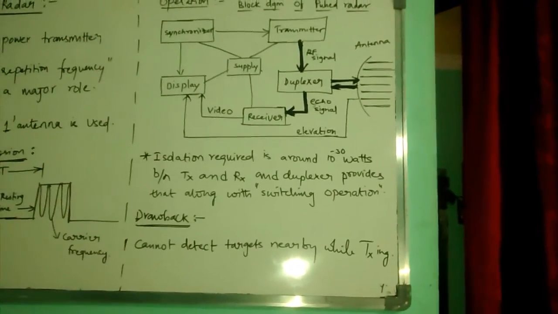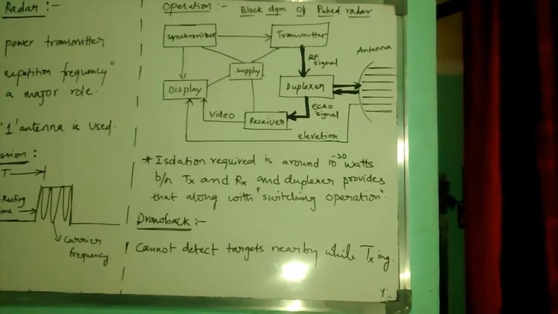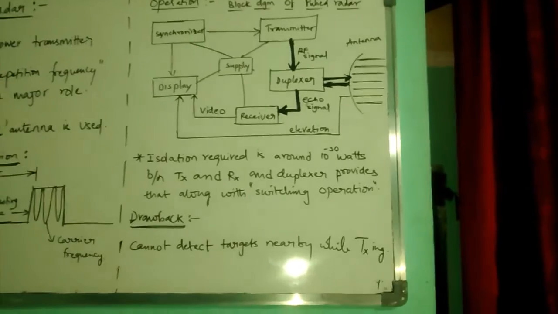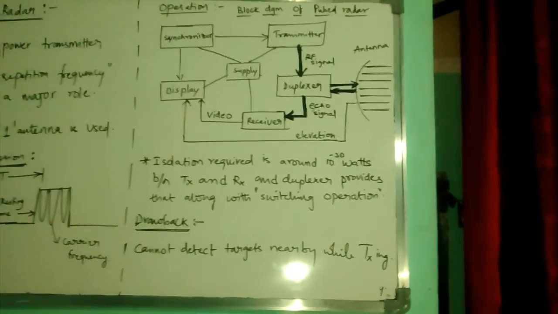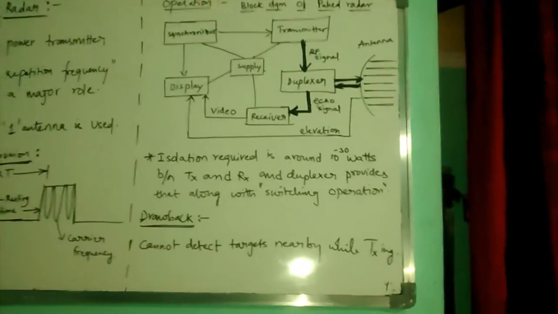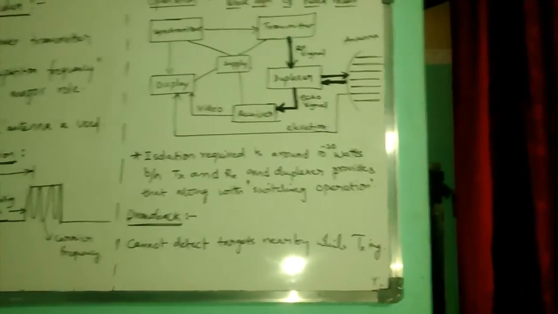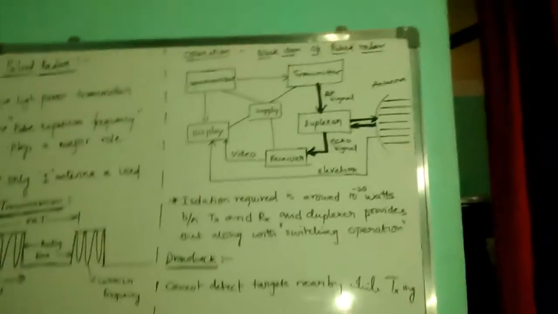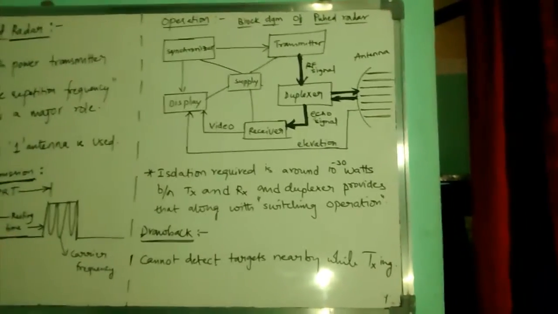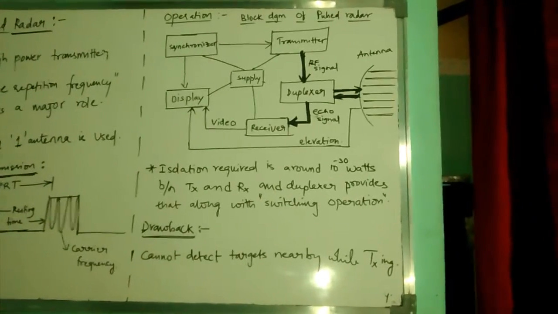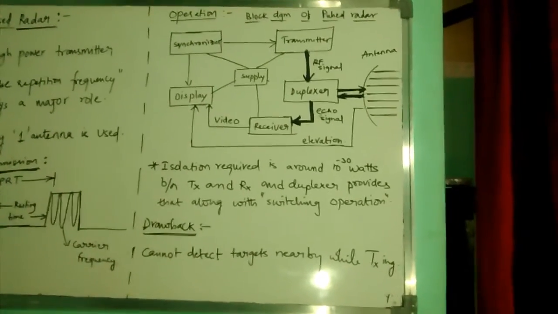Whereas the echo signal received is of 10 power minus 25 to 10 power minus 28 watts. That means we are receiving very low power in the echo signal. So the receiver is designed in such a way that it accepts only small powers and passes them to a display.